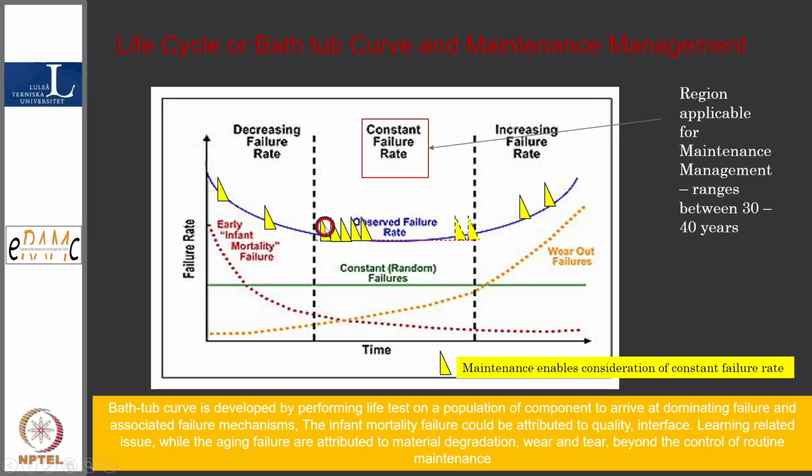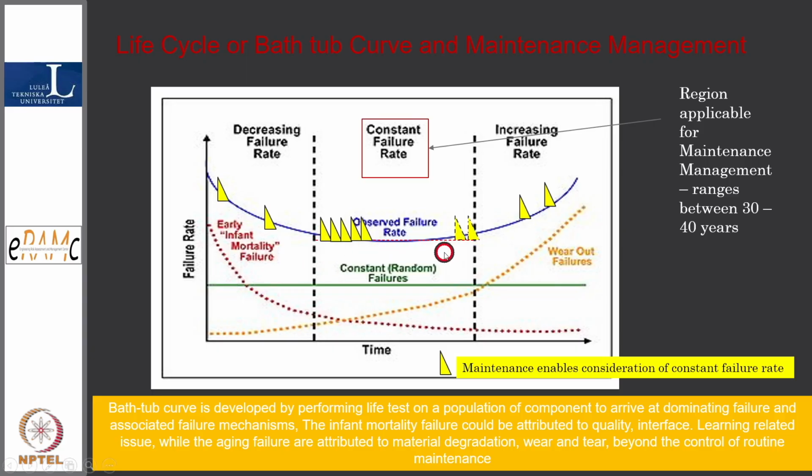Of course, we don't allow it to go down all the way. We interrupt somewhere in between and start the component again. Just for understanding, I have drawn it going to 0, and then you can see the component's failure rate remains constant. So theoretically the component failure rate remains constant, and practically it remains constant because of maintenance activity.